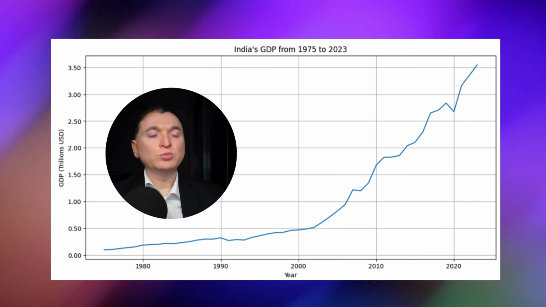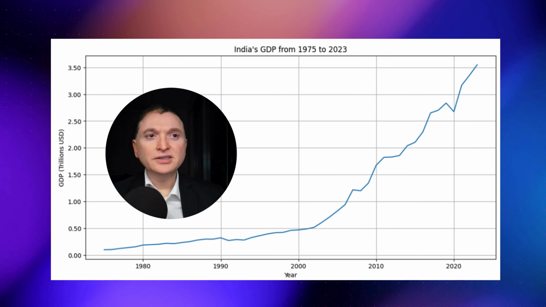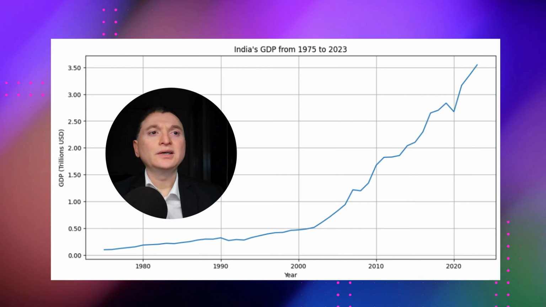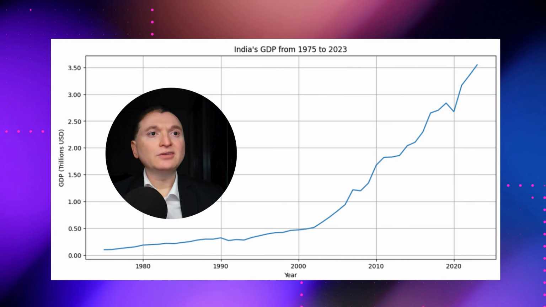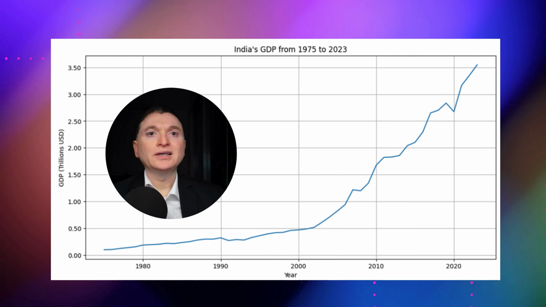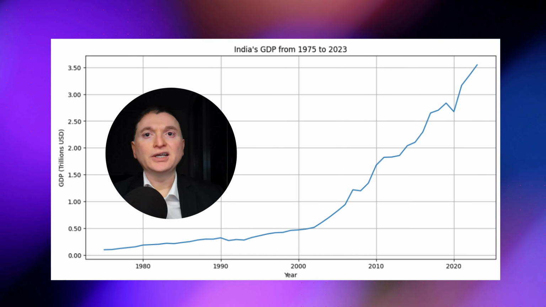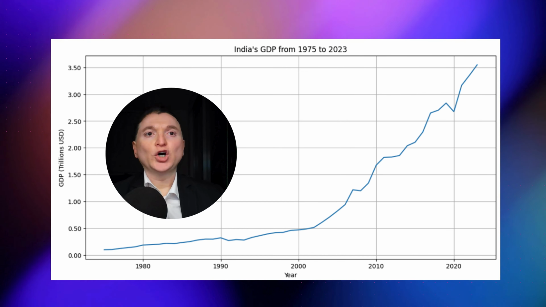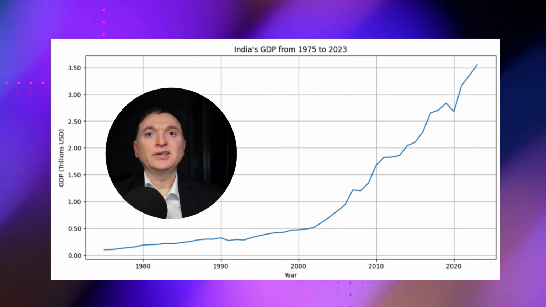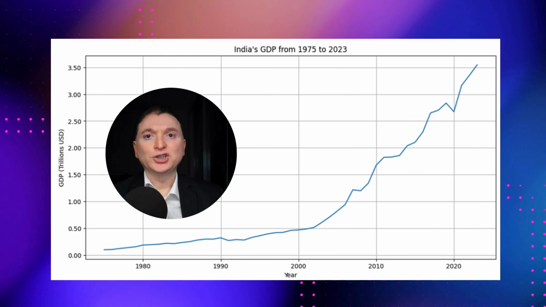You can see also a small dip during COVID that's consistent across the world, and it looks like India has recovered and is well on track, surpassing 3.5 trillion US dollars, all the way on track to become a $5 trillion GDP.